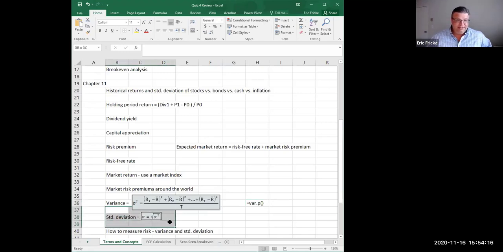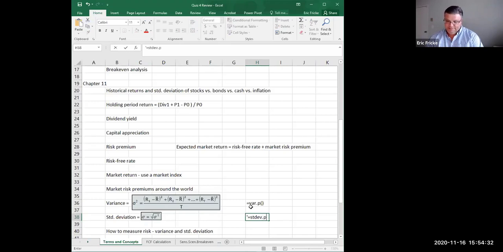And then we also have standard deviation, which is just the square root of variance. For Excel formula purposes, we can calculate that using this formula in Excel, and again, we're going to use that in a little while. So these two both are ways to assess risk in an investable asset.